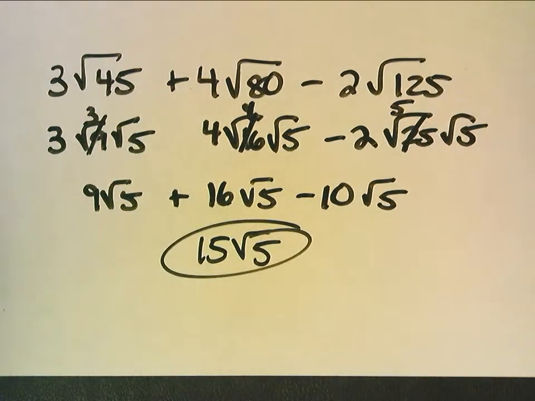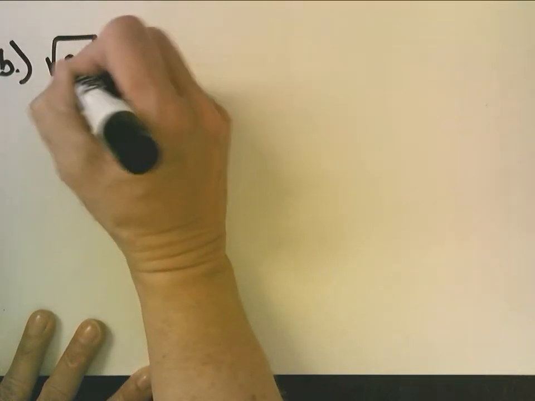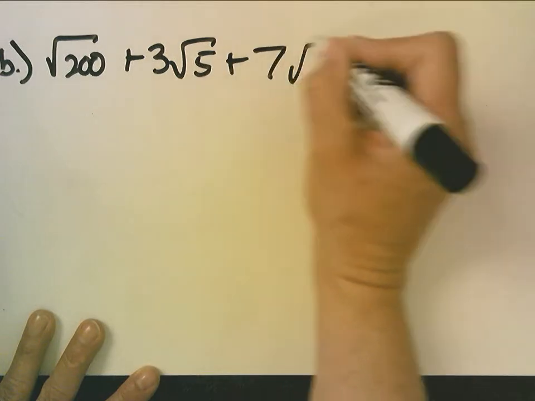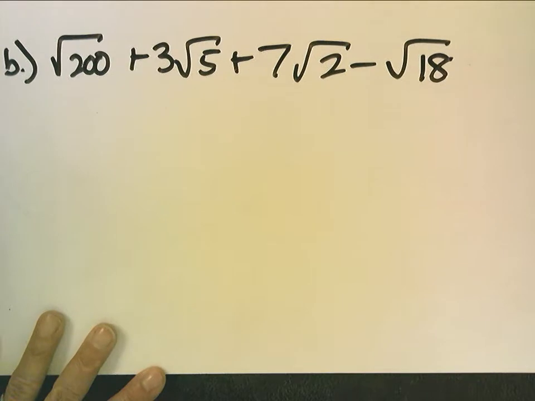So sometimes you have to look at it and see if you can simplify it before you think you can't combine it. So let's look at B. B is root 200 plus 3 root 5 plus 7 root 2 minus root 18. Again, none are the same, but let me see if I can simplify.